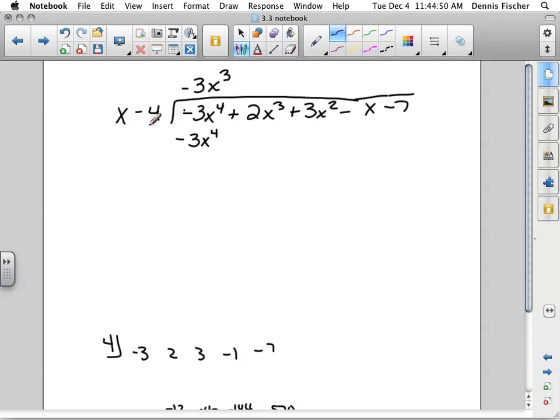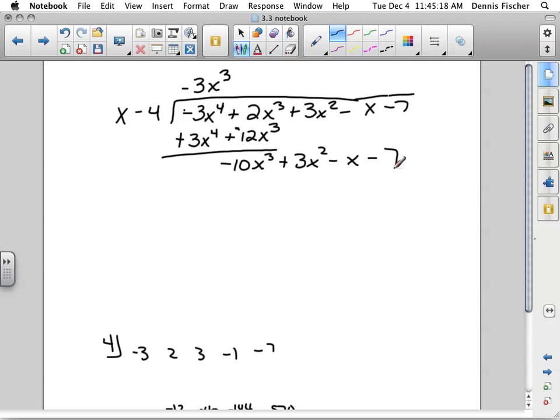Negative 3x to the 3rd times negative 4 is negative 12, plus 2 negative to positive, so 12x to the 3rd, right? But now you have to change the signs. So I'm going to get a negative 10x to the 3rd plus 3x squared minus x minus 7.